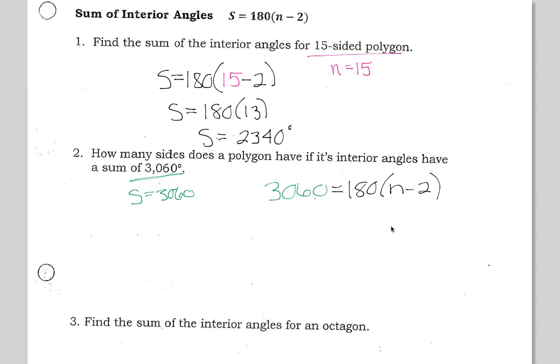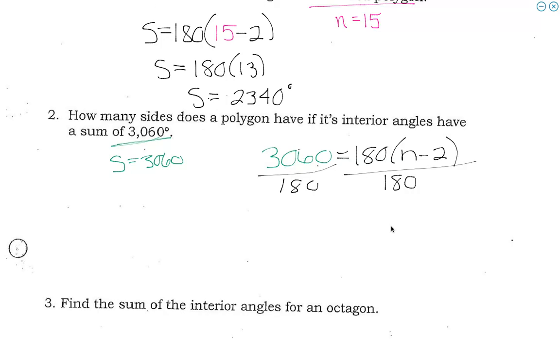It's just one extra step if you do it that way. If we divide by 180 from the beginning, because we'd have to divide by 180 at the very end anyways. Oh, that's 17. And now we can just add 2 to both sides.